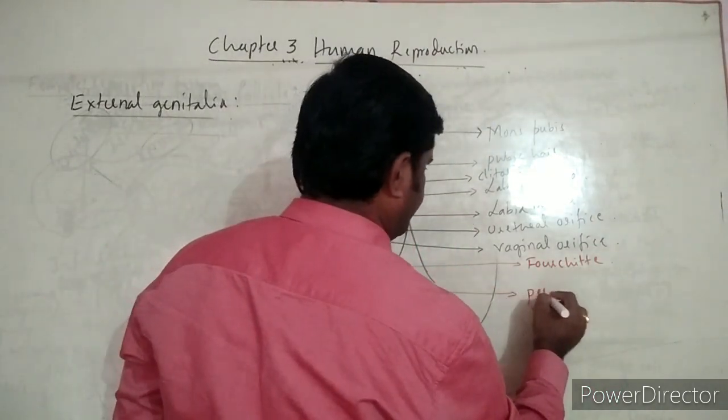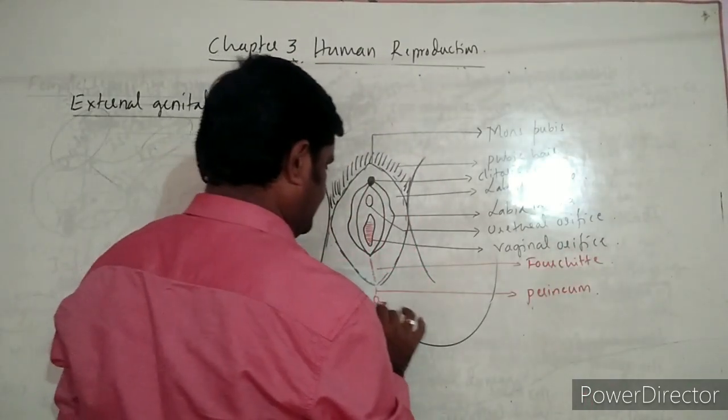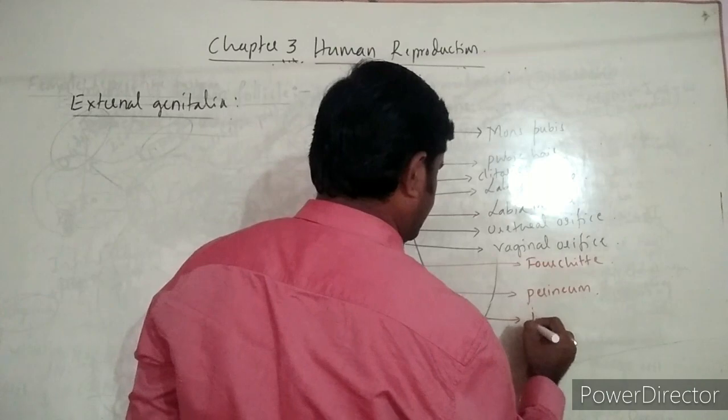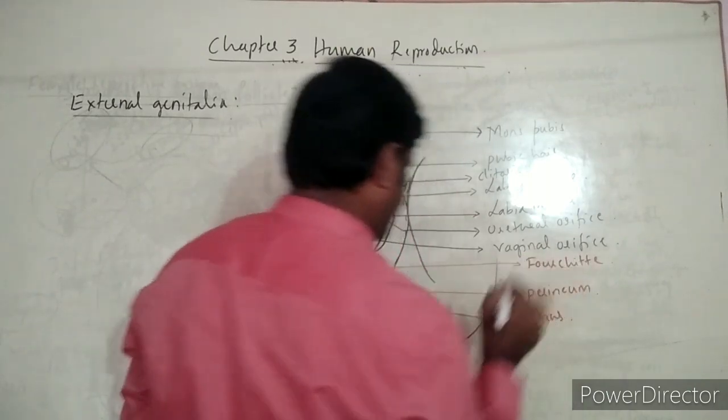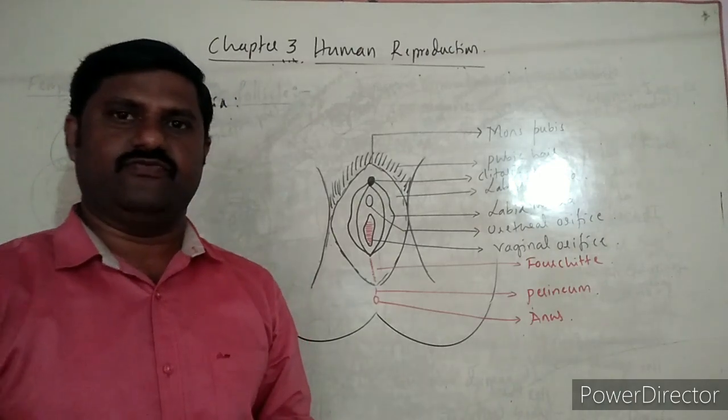And this is called as perineum, and this is known as anus. So these are the parts that we come across over here one by one.